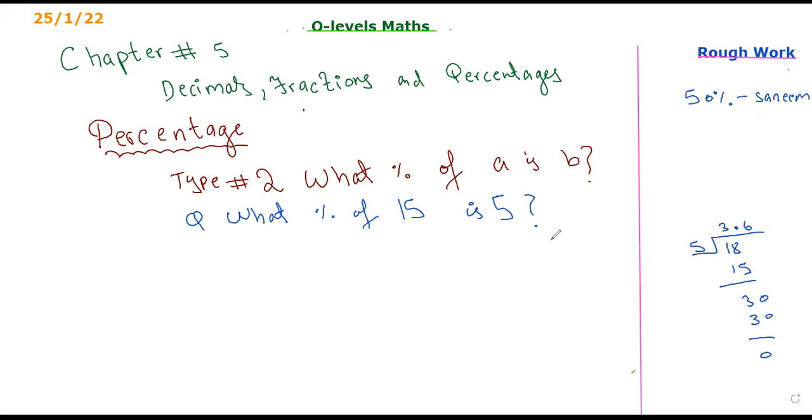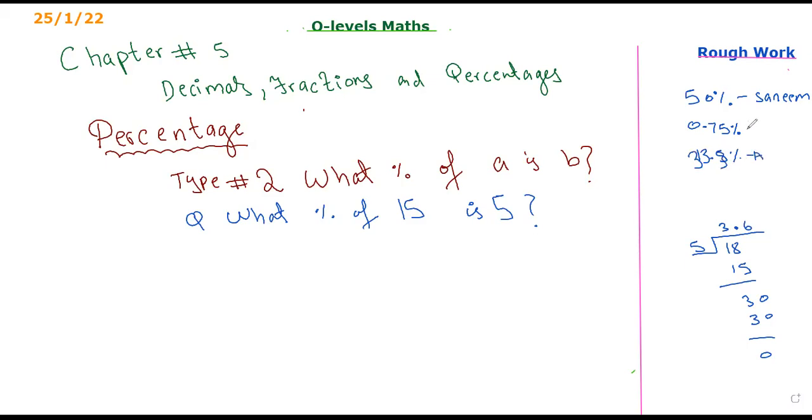Yes, Amir and Sharia, any idea about this? 0.75. 13.3. 0.75%. And 33.3%. This is by Amir, this is by Sharia.